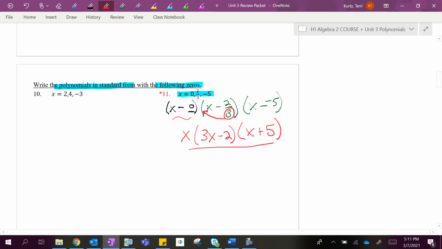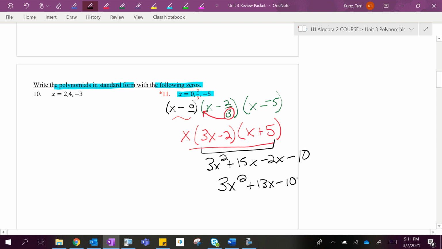First I'm going to FOIL these two, so I get 3x squared plus 15x minus 2x minus 10. I combine like terms, I get 3x squared plus 13x minus 10. Now I'm going to bring down this x and distribute it. So I get 3x to the third plus 13x squared minus 10x.